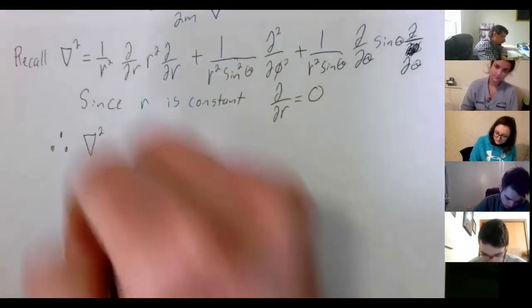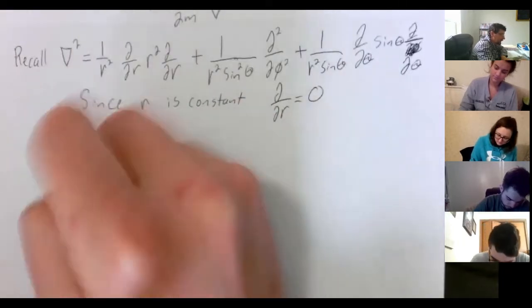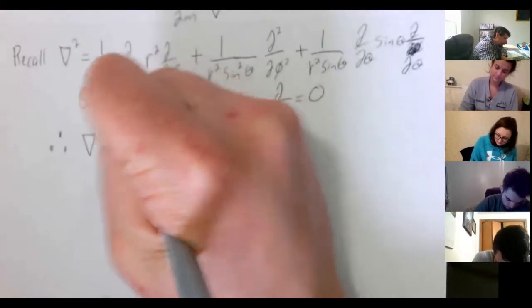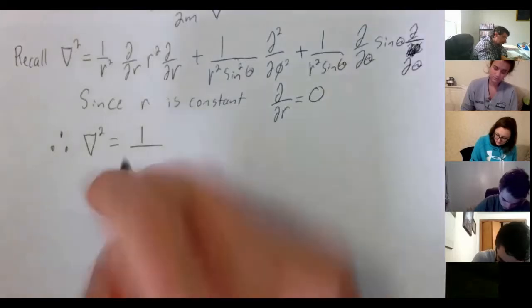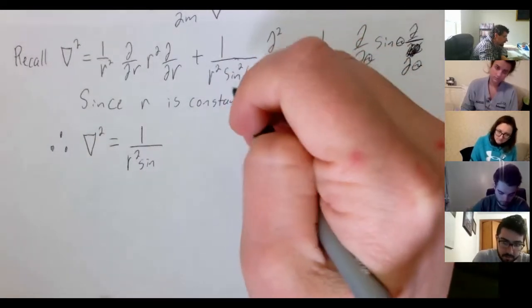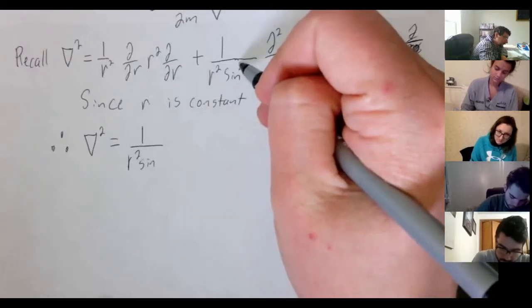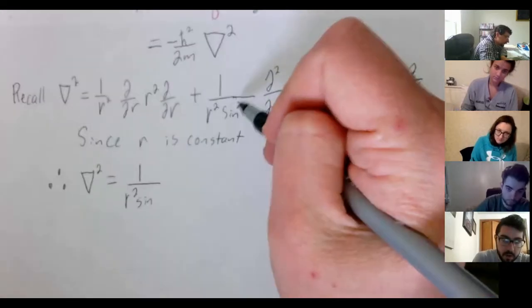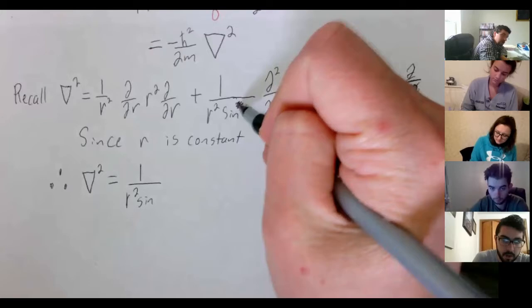This gradient is equal to just the second term. So r squared sine, oh, I'm sorry, I wrote a sine squared in there for some reason. That shouldn't be there.